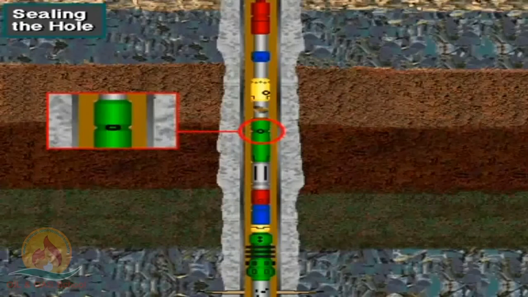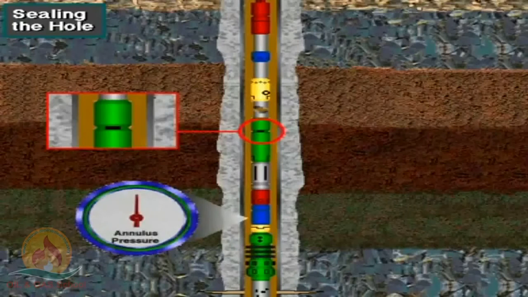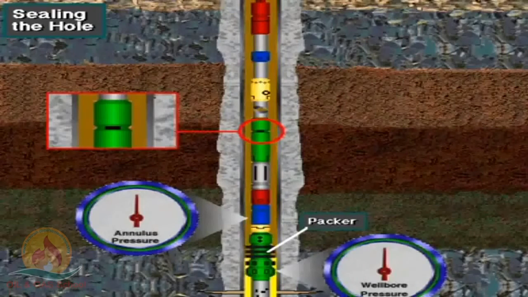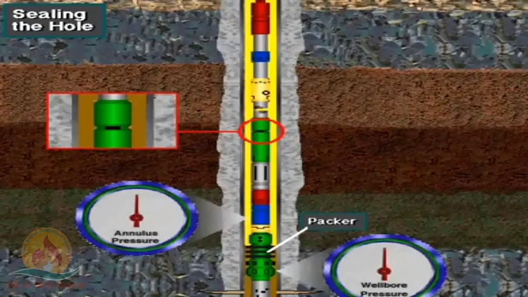Rotation opens ports inside the DST tool. With the ports open, formation fluids flow into the tool and to the surface. During this time, crew members closely monitor annulus pressure. They monitor annulus pressure to make sure the packer maintains a good seal between the hole section being tested and the annulus above the packer.